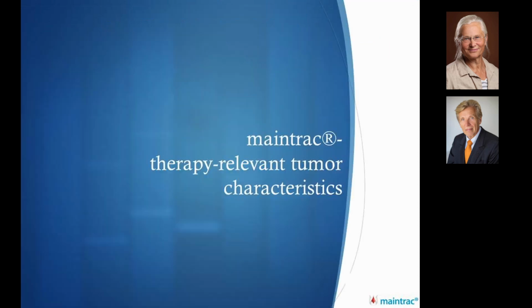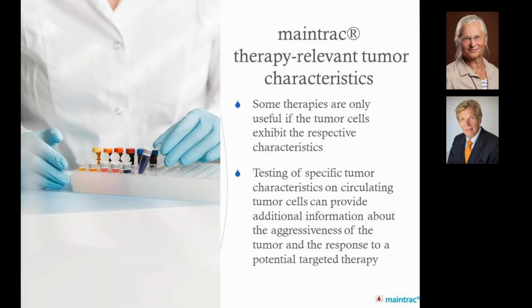As previously mentioned, the characteristics of the tumor cells can change during the course of disease. That's why it may be important to test for therapy-relevant tumor characteristics during the course of disease, since some of the therapies are only useful if the tumor cells exhibit the respective characteristics.